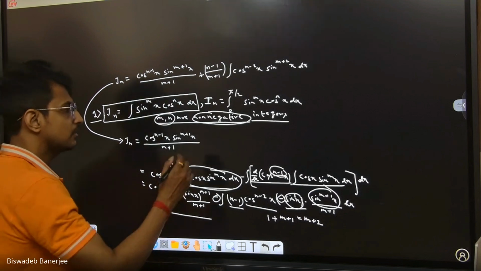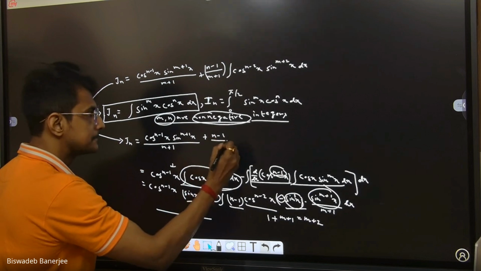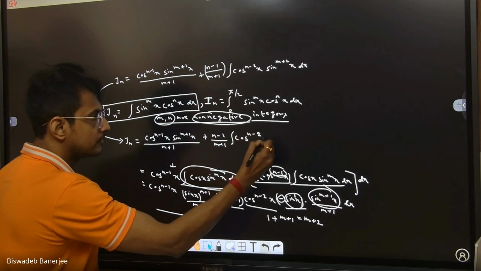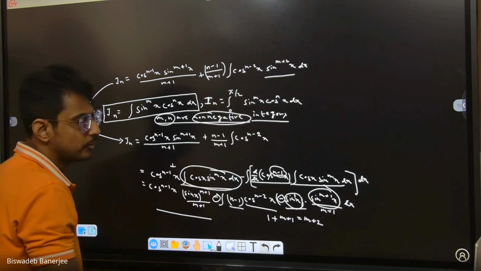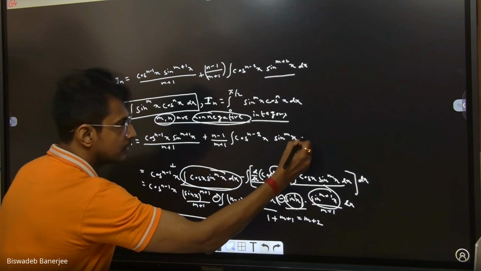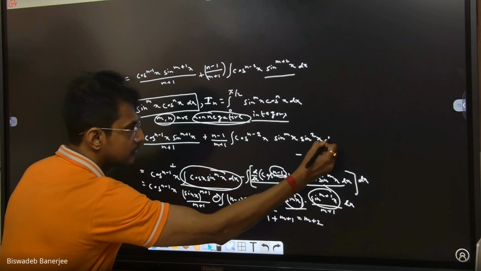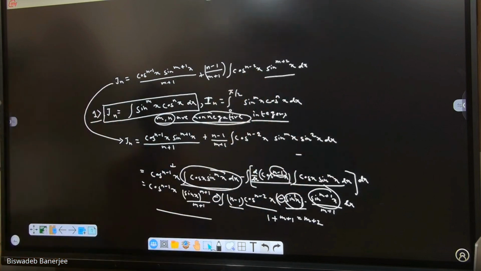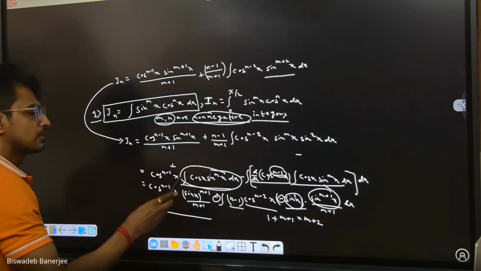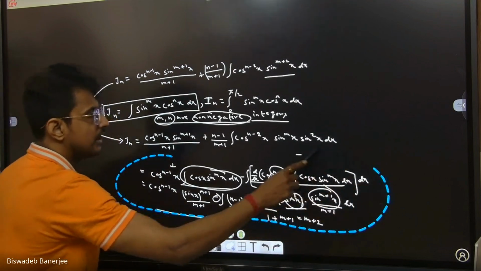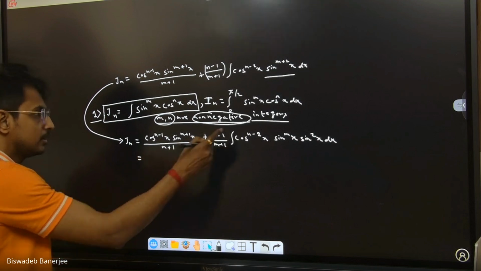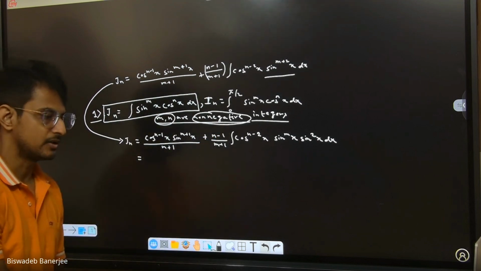For the second portion, keeping cos fixed, we are writing sin to the power m plus 2 x by laws of indices. Sin to the power m plus 2 can be written as sin to the power m into sin square x.